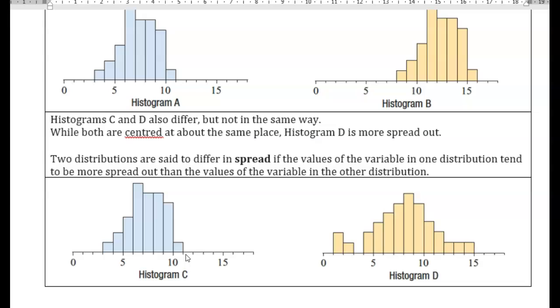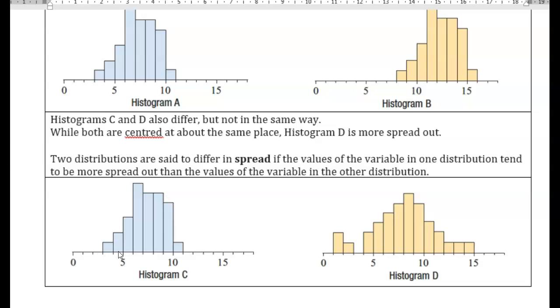Two distributions are said to differ in spread if the values of the variable in one distribution tend to be more spread out than the values of the variable in the other distribution. So they're differing in spread. This one is further spread out than this one. An example might be results of students in one maths class.